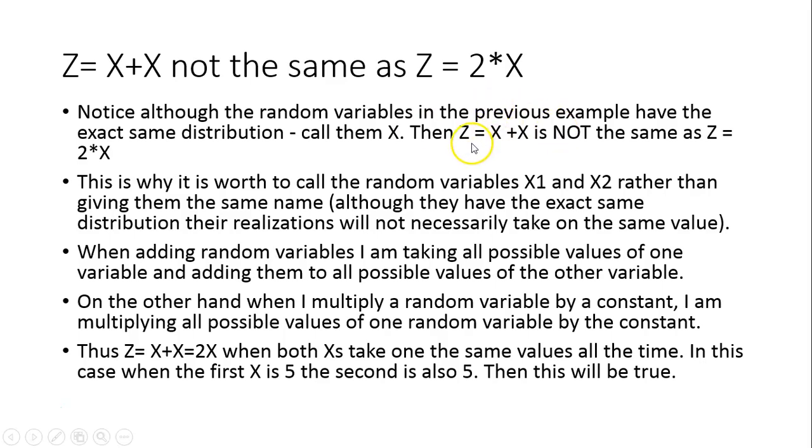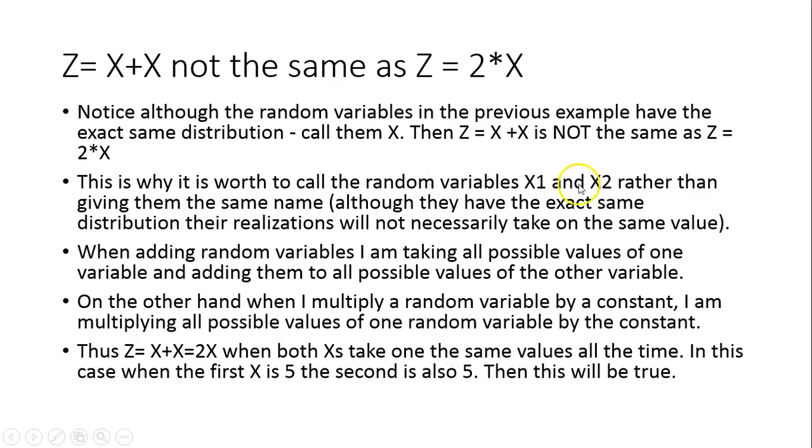But z equals x plus x is not the same as z equals 2 times x, because they're actually different. The random variables, even though they have the exact same distribution, indicate 2 different things. They indicate the first coin flip and the second coin flip.